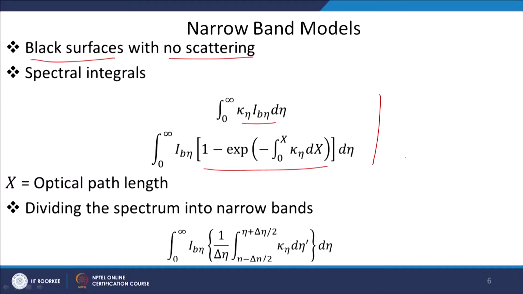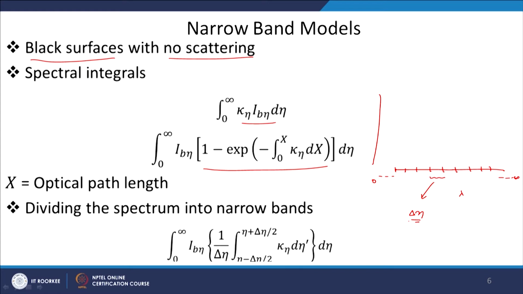So, we divide the spectrum into a number of bands. We have the spectrum going from 0 to infinity, and we divide it into small bands. Let us say one band that we take has width delta eta.